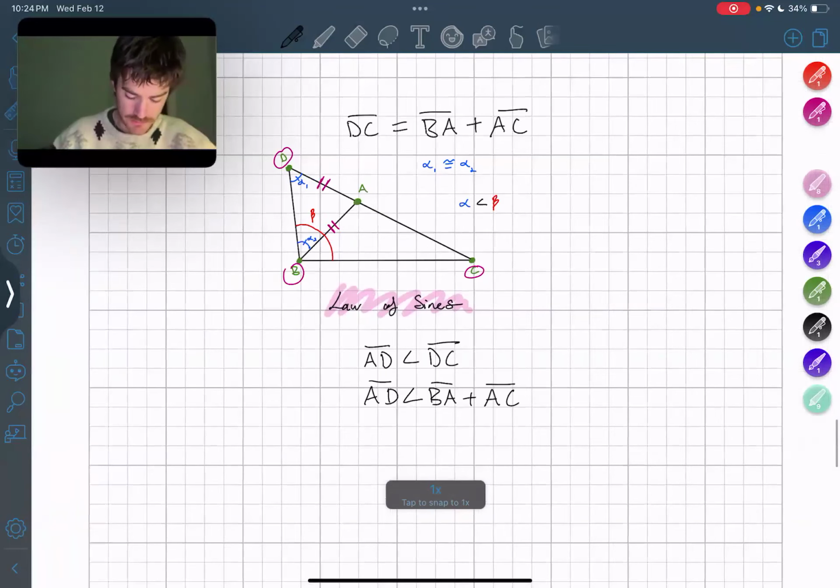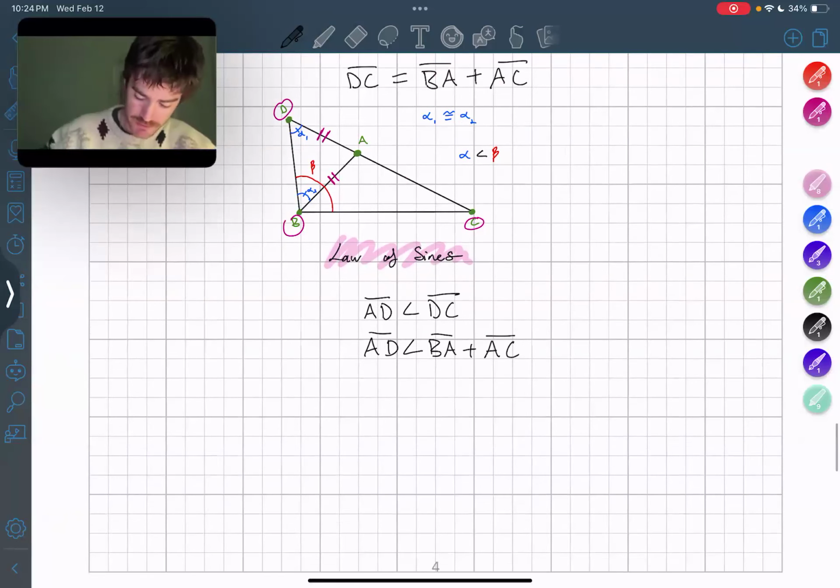So how does this relate to Euclid talking about the shortest distance between any two points?